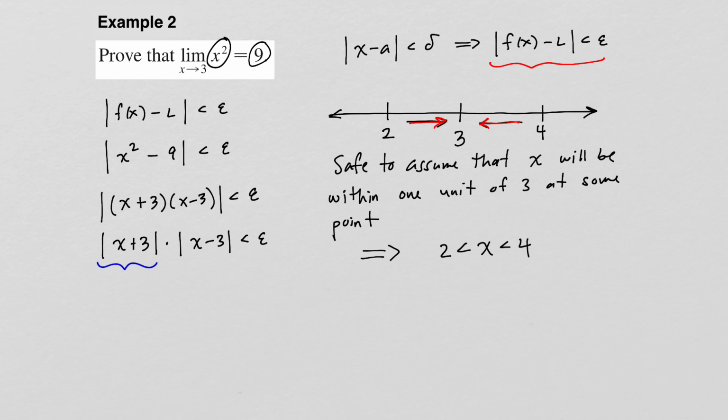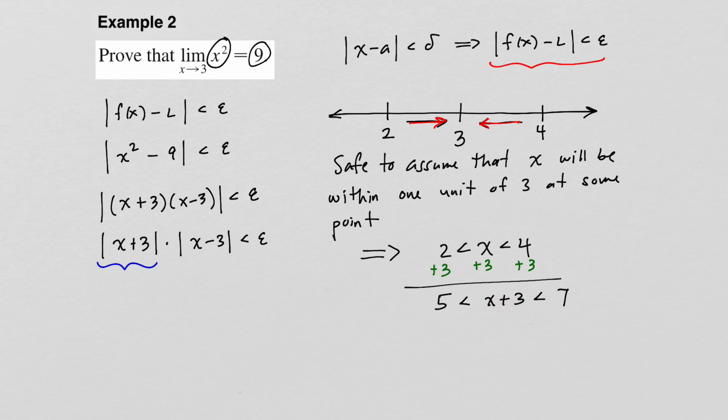Now what I'm trying to do is figure out how big x plus 3 would be. So to understand this, I am just going to add 3 to all 3 parts of this continued inequality. And that's going to give us 5 is less than x plus 3 is less than 7. And let's just take this side of the inequality.